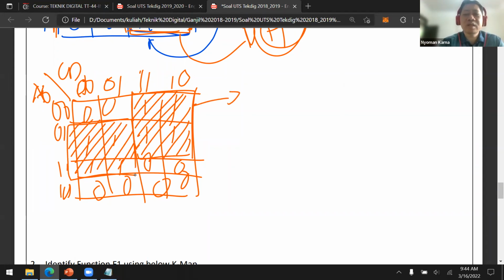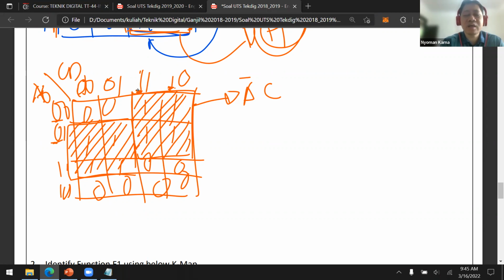How can we identify this group? It is when A is 0, A naught, and when C is 1, C. Because the row identification is when A is 0, and for the column identification is when C is 1.